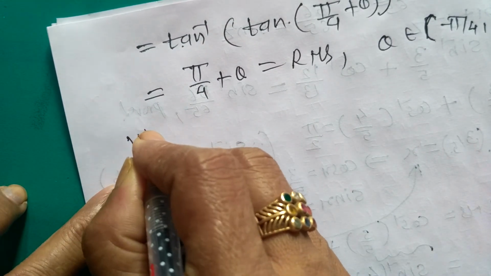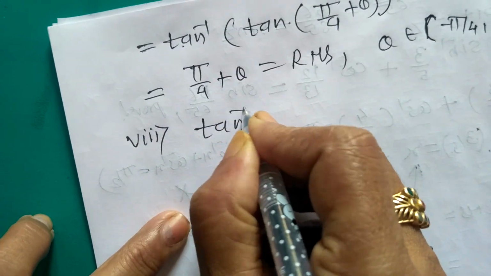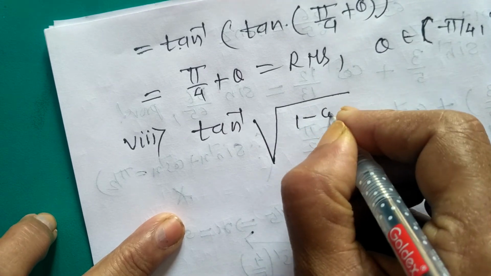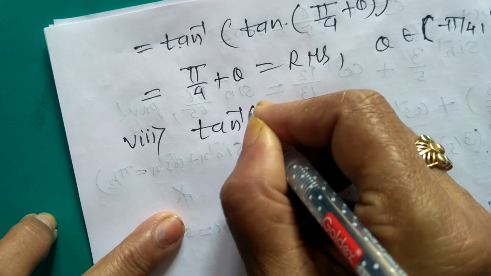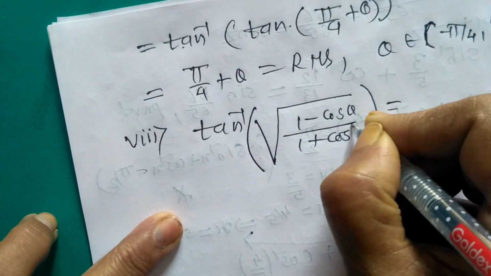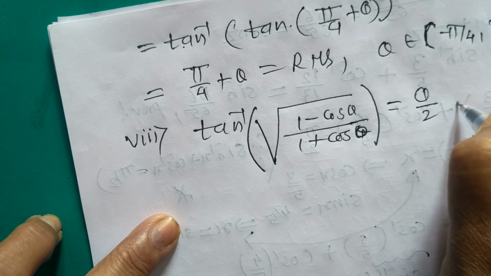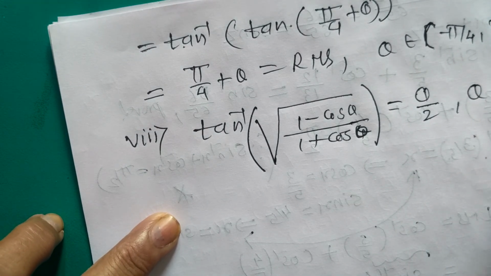And the last question from this: we have to prove that tan inverse of the square root of numerator 1 minus cos theta upon denominator 1 plus cos theta is equal to theta by 2. Very easy question again. Here theta belongs to minus pi to pi.